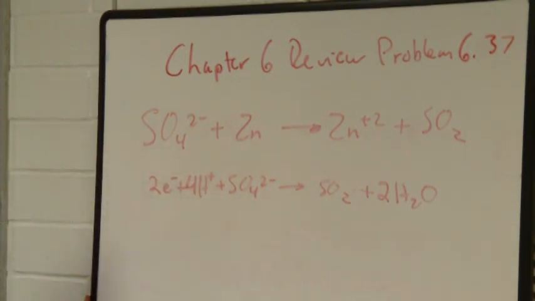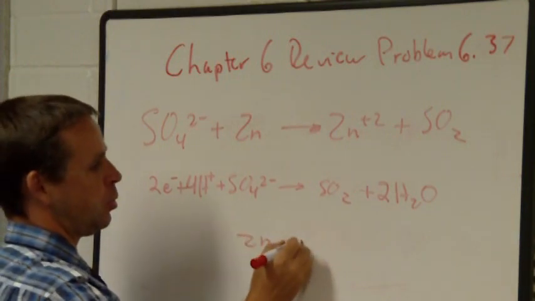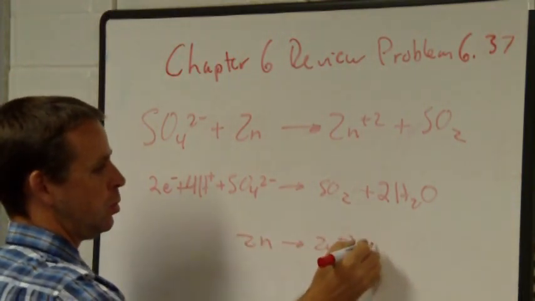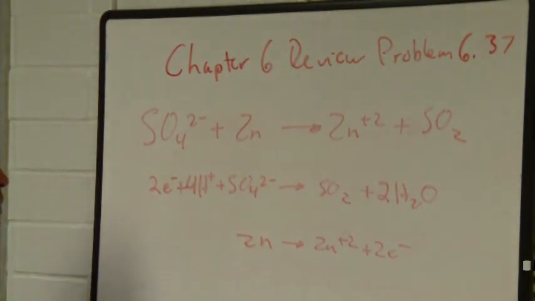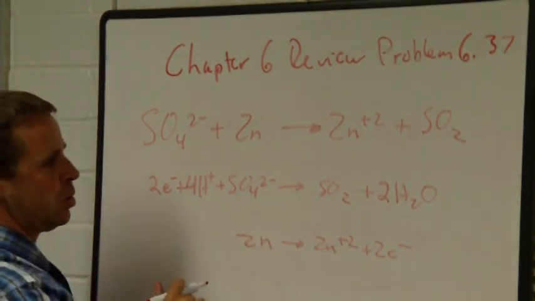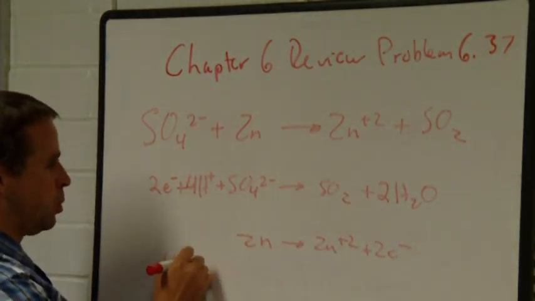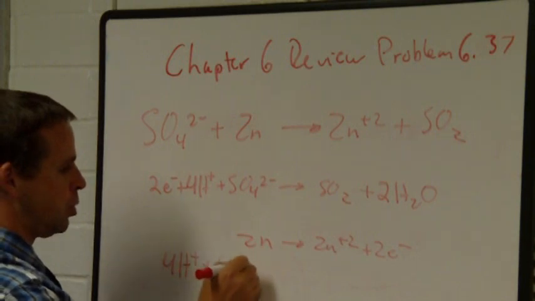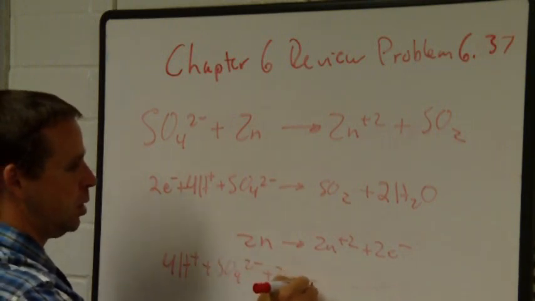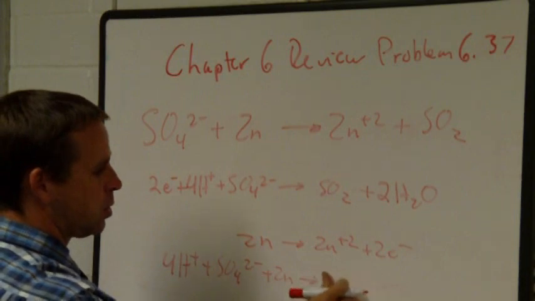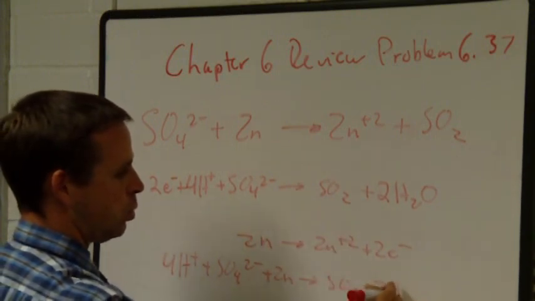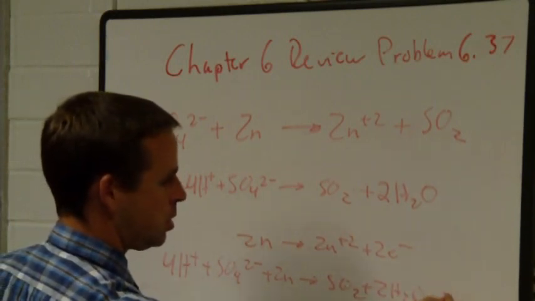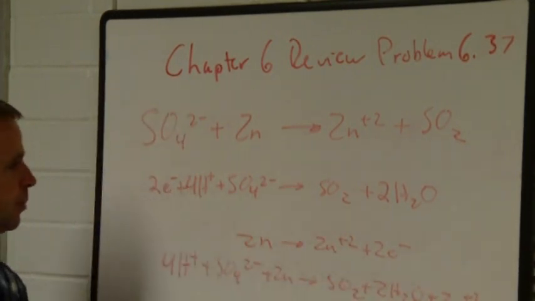Okay. Now we have the zinc going to zinc plus 2. 2 electrons needed over there on the right side. All right, so we have our 2 half reactions, and there's 2 electrons in both. So that's nice. Just 4 H pluses plus SO4 2 minus plus the zinc metal yields the SO2, 2 waters, and a zinc plus 2 ion.